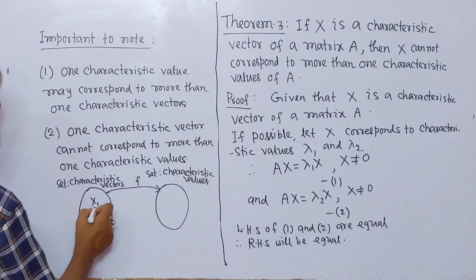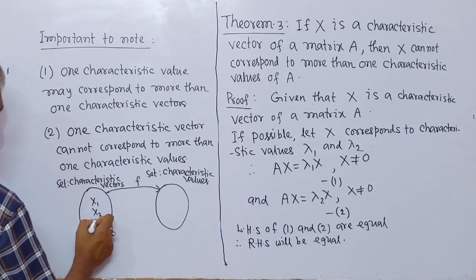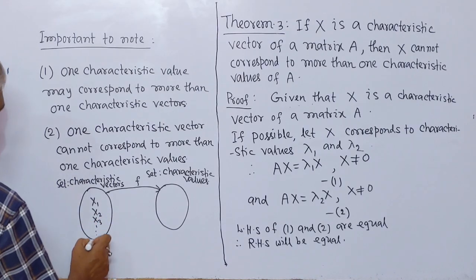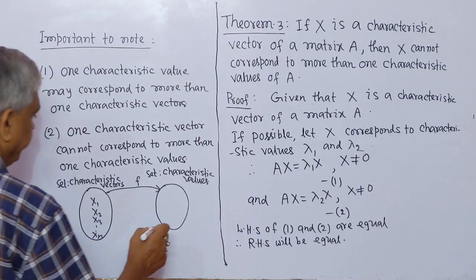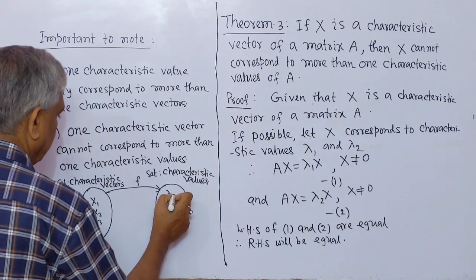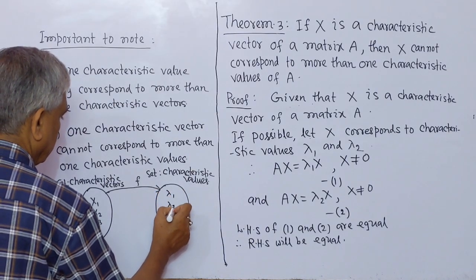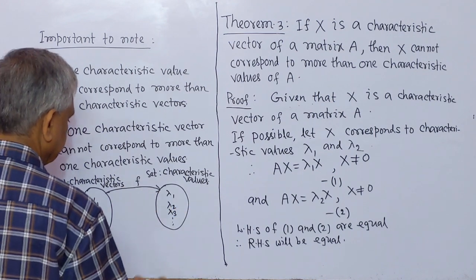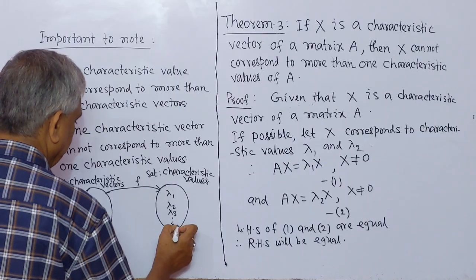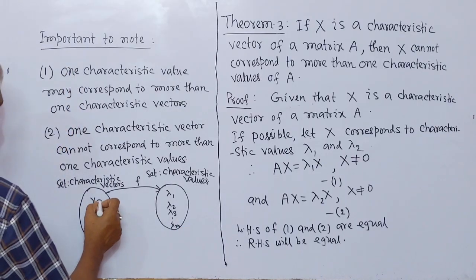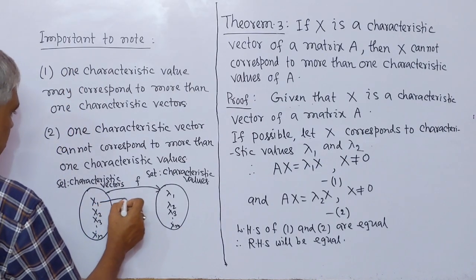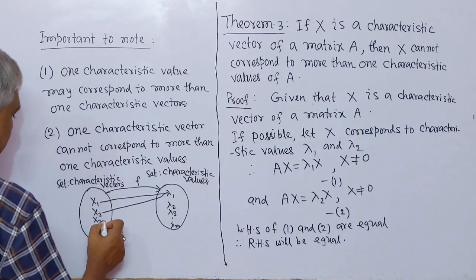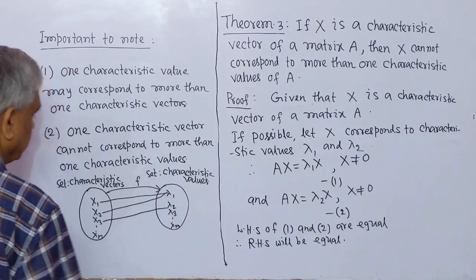Here x1, x2, x3, ..., xn. Here lambda 1, lambda 2, lambda 3, ..., lambda m. Let x1 correspond to lambda 1, x2 correspond to lambda 1, x3 correspond to lambda 2.